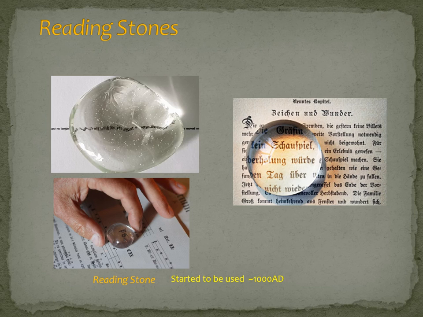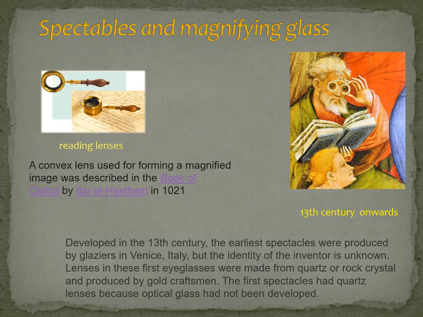And later on, when the manufacture of glass was perfected, people would use what we call reading stones that can amplify quite well the letters of a text. And they were in use until quite late, until we were capable of making proper lenses or magnifying glasses to read. The use of those stones was also adapted to create reading lenses.